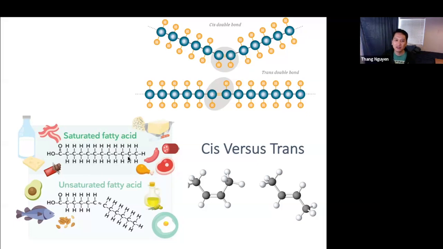Can you see why that is? Notice it's very straight, right? This has a kink in it. This also is very straight because of that trans geometry there. Because of that, it behaves very much like saturated fat in being very dense, because it's linear, so it can stack upon one another very nicely and pack up very dense, so that's bad.